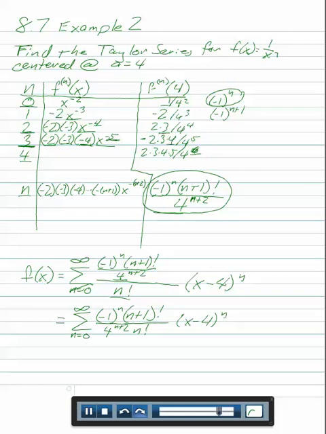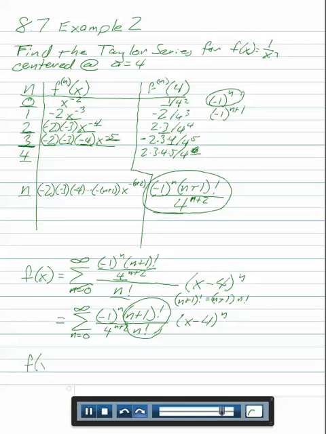Now, since we're all wonderful mathematicians, we know that this should simplify. N plus 1 factorial is the same thing as n plus 1 times n factorial. So the n factorials cancel, and we're left with an n plus 1.